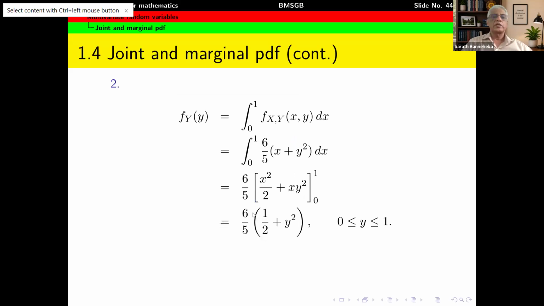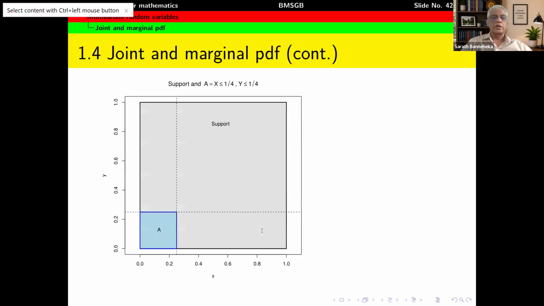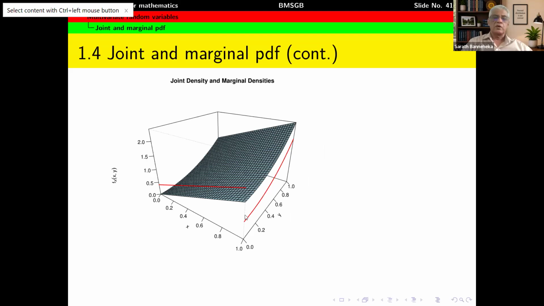Similarly, to get the marginal density of y, you again integrate the joint density with respect to x, where x goes from 0 to 1. The final answer is a quadratic function of y, with y changing from 0 to 1. If you go back and look, you can see this is a quadratic function following a certain curve. It's not a straight line. So that is that equation.